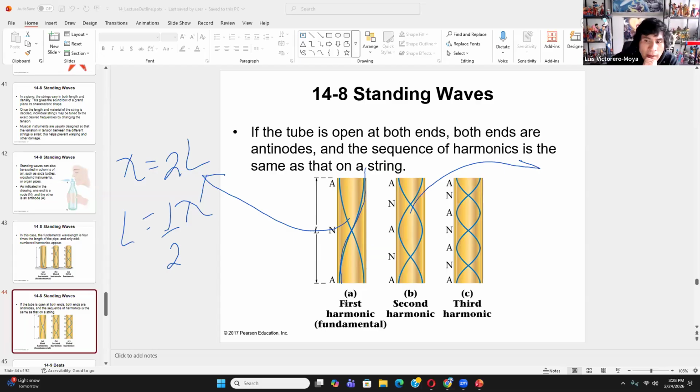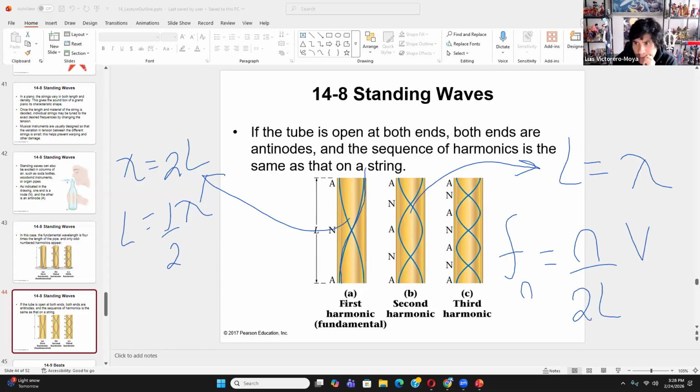So the length is equal to lambda. So the fundamental frequency is n over 2L times v. All right? The third harmonic is 2L divided by 3, if you think about it.